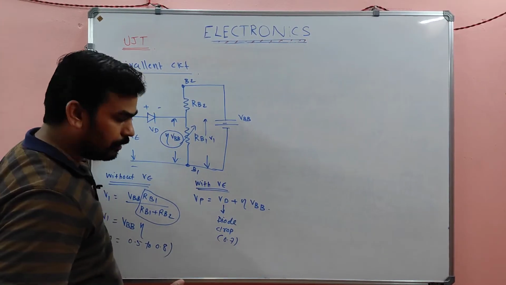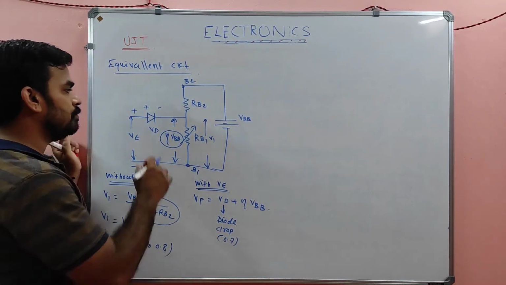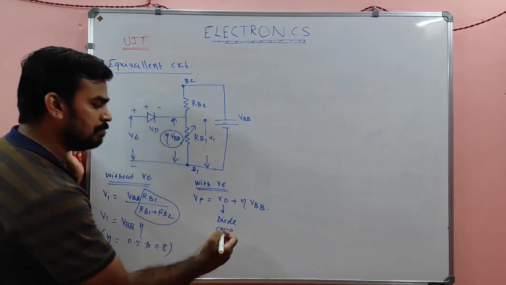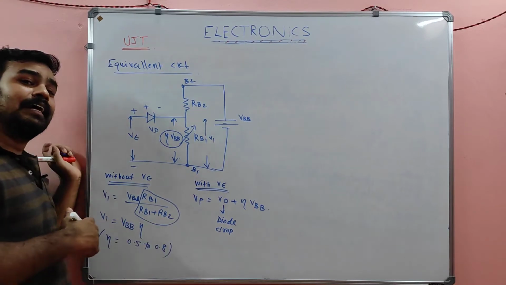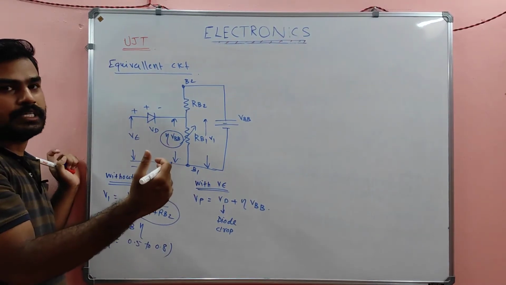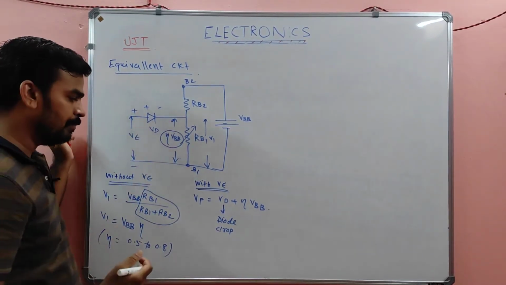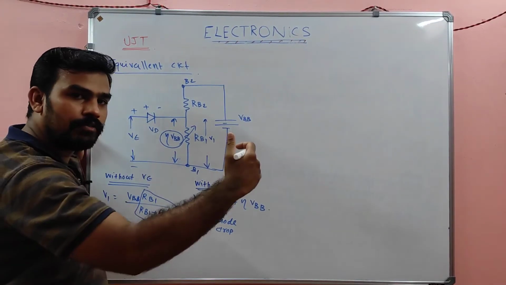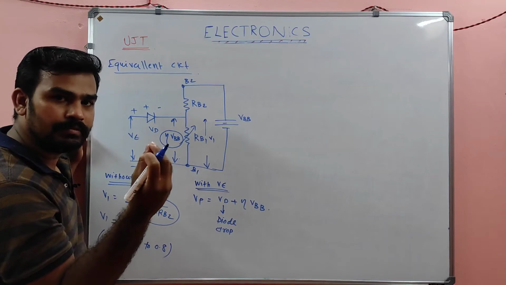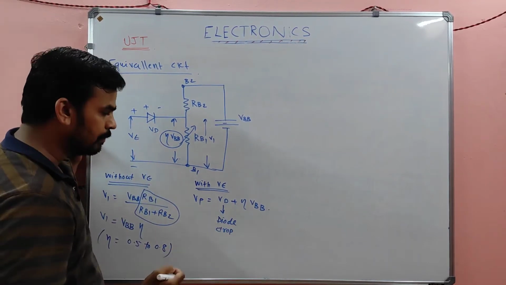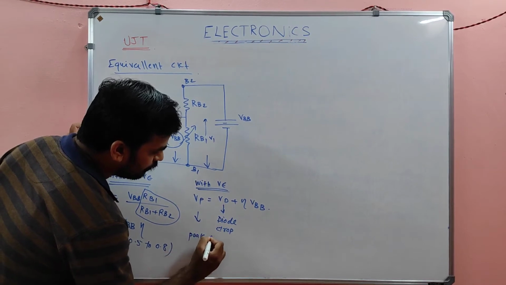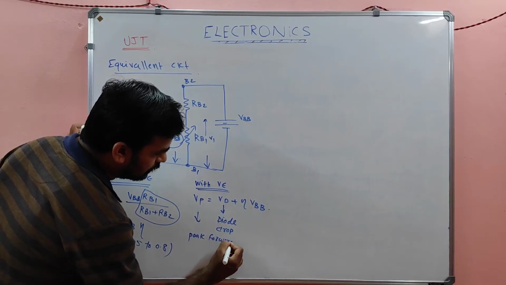Whenever the diode is forward biased, there will be a very small drop, that is called the diode drop. And this VP is nothing but the peak forward voltage.